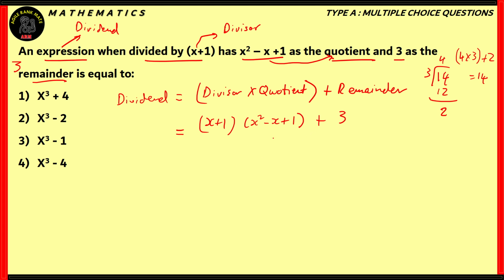So you could do regular multiplication of the two expressions, but if you read it carefully, the terms go x plus 1 multiplied to x squared minus x plus 1. Now, in grade 9, you would be exposed to algebraic identities. So one of the identities, which is a cubic identity, is that of a cubed plus b cubed.